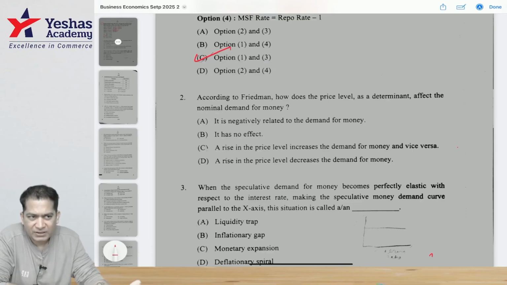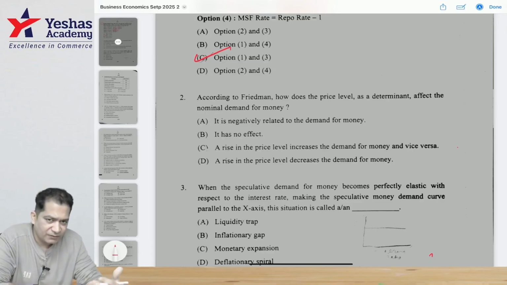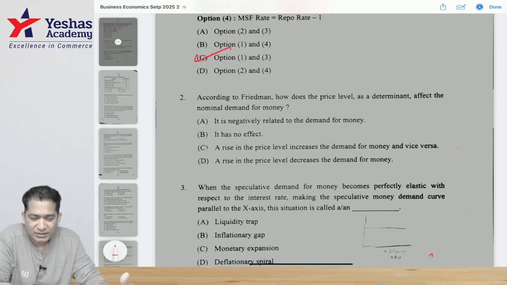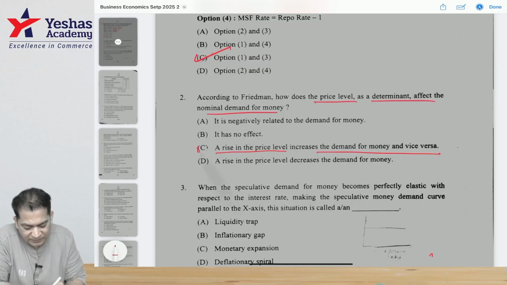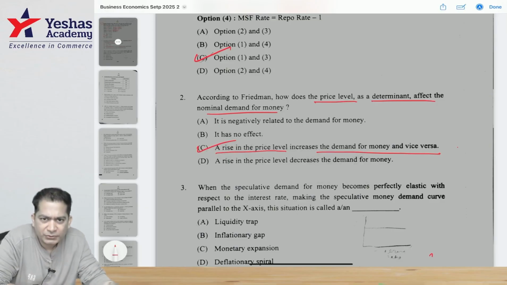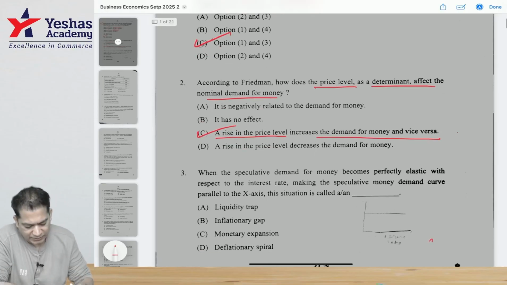So whether it's liquidity preference, cash balance approach, or Friedman theory, restatement of the asset price theory, they all said the same thing. A rise in the price level increases the demand for money and vice versa. This is correct. Now, why not this one? It is negatively related to the demand for money. How is it possible? Because when the price level increases, then you will want to have more money to take care. I mean, your living cost increases, of course, right?